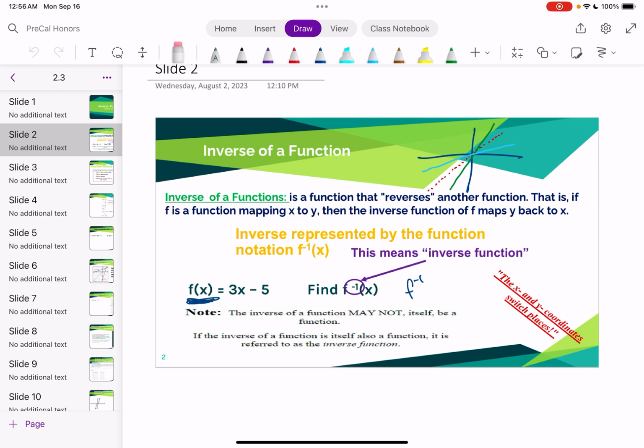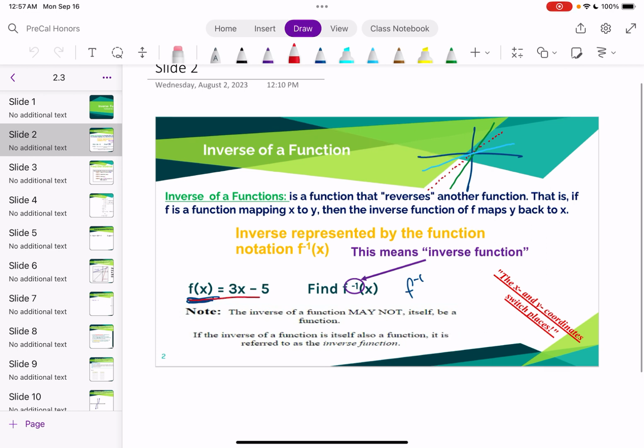We're going to first start off with what is the inverse of a single function. So here we have f of x is equal to 3x minus 5. The inverse of that function is described with this -1 exponent. That is the universal method of describing the inverse of a specific function.